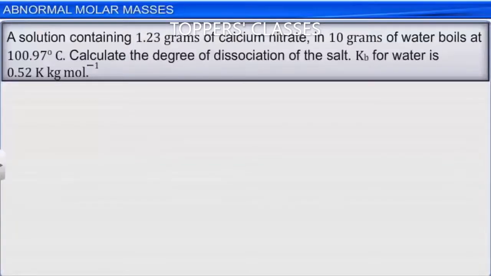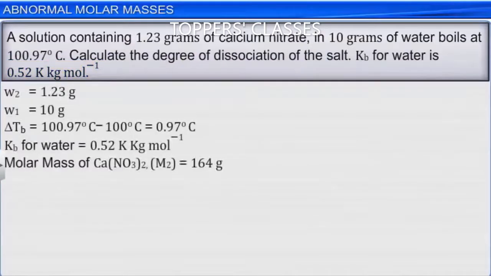Let us now solve a numerical problem based on the dissociation property of the solute. A solution containing 1.23 grams of calcium nitrate in 10 grams of water boils at 100.97 degrees centigrade. Calculate the degree of dissociation of the salt. Kb for water is 0.52 Kelvin kilogram per mole. The first step is to list the given variables. W2 is equal to 1.23 grams.